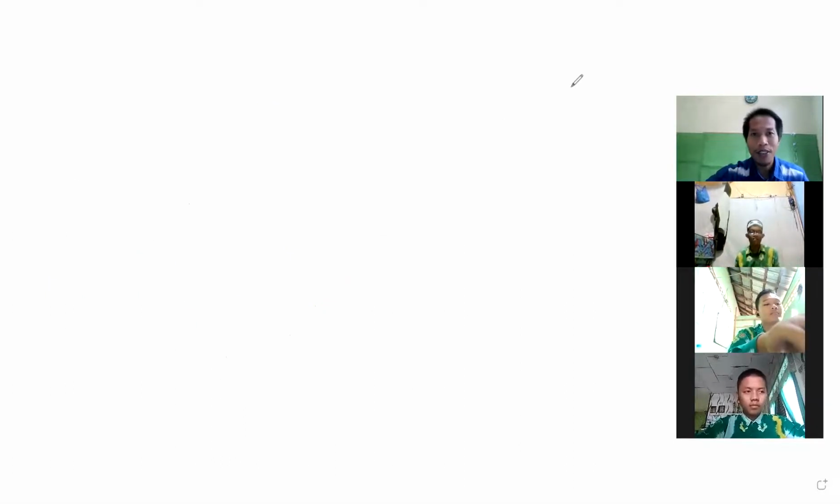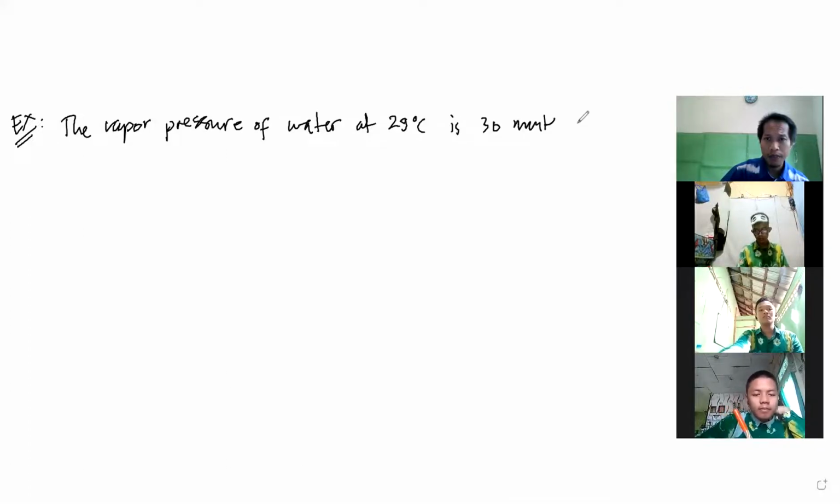Okay, let's do another example. The vapor pressure of water at 29 degrees Celsius is 30 millimeter mercury.